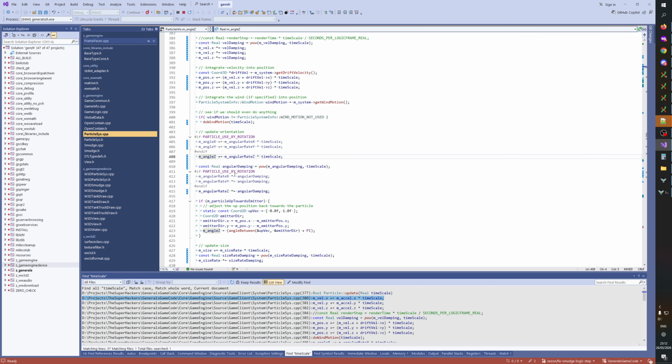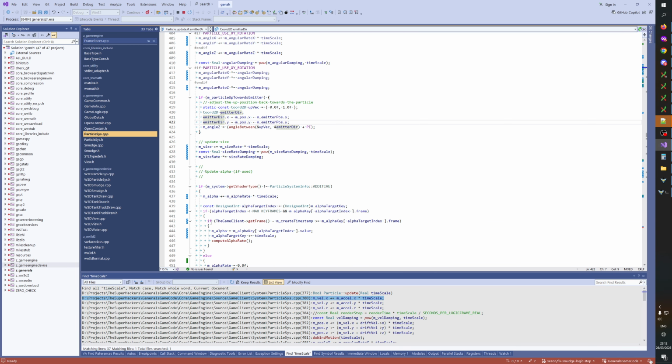And then emitter dir. Okay. We update the size. Update alpha.